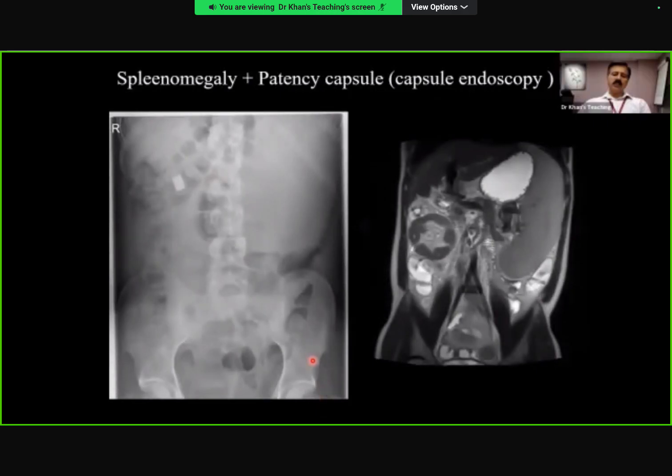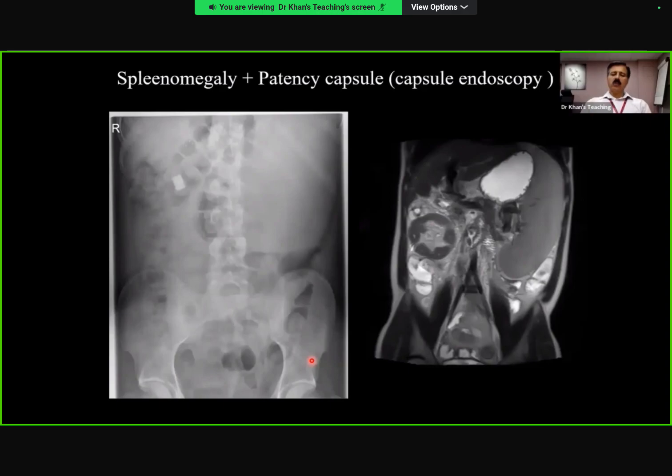Now, these days, to evaluate the small bowel, the gastroenterologist also can do video endoscopy. So they have got a small capsule which has got a video inside, and they ask the patient to simply gulp it down, and it goes through the small bowel and produces a video, and later on they evaluate it. Now, before that, they have to make sure that there is no stricture.